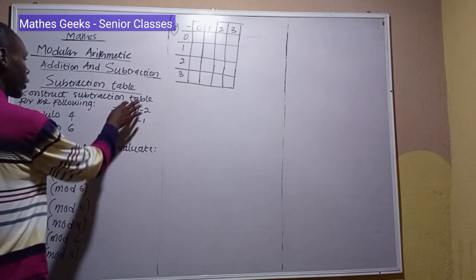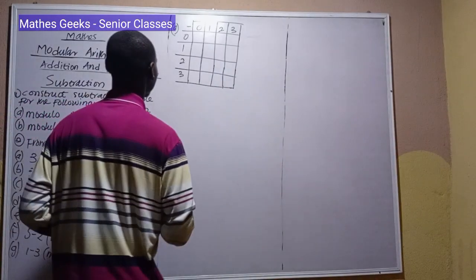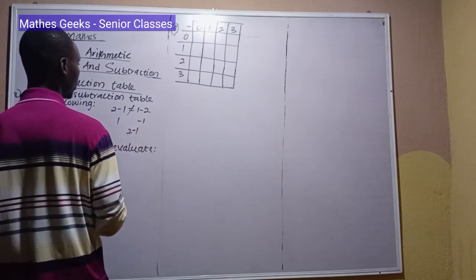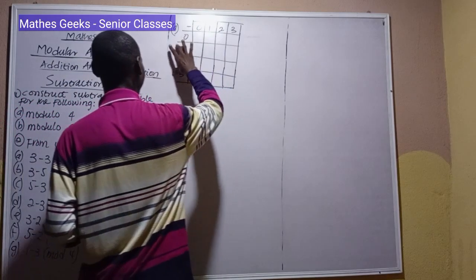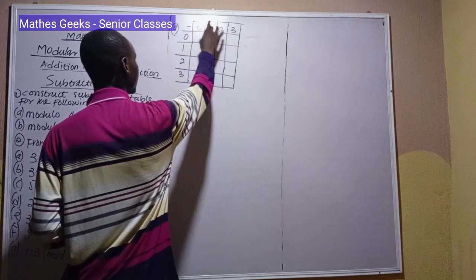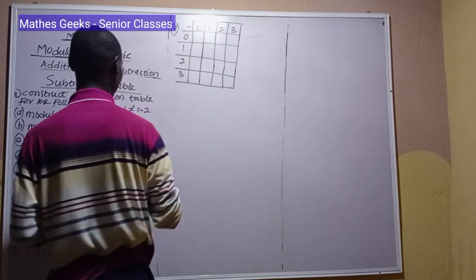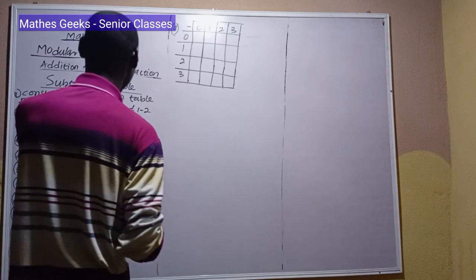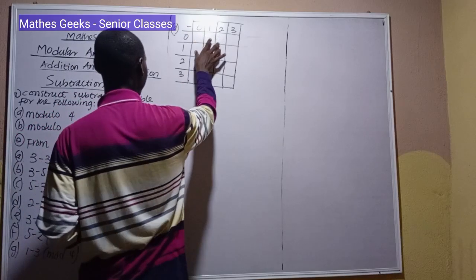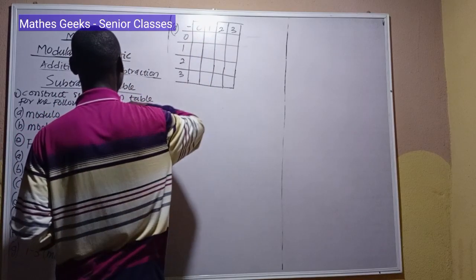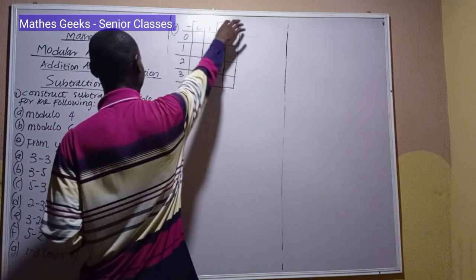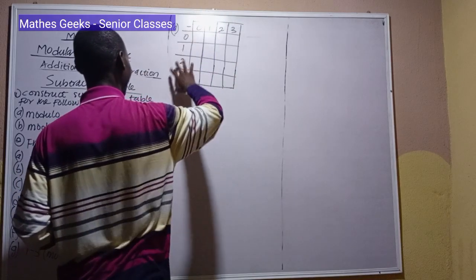Because of this, order is important, so you have to be consistent with the order. If you pick your first number from the row, you must be consistent with that all through.